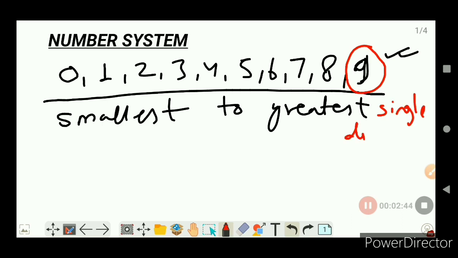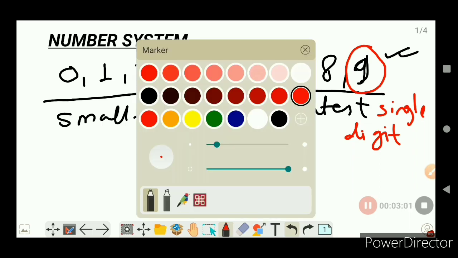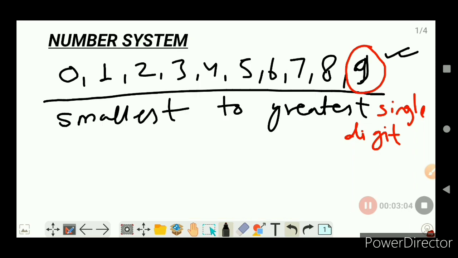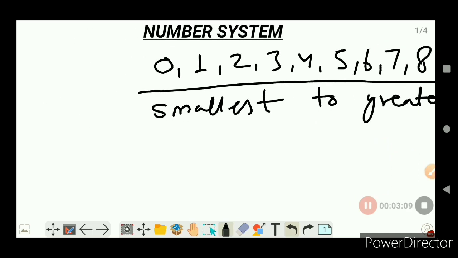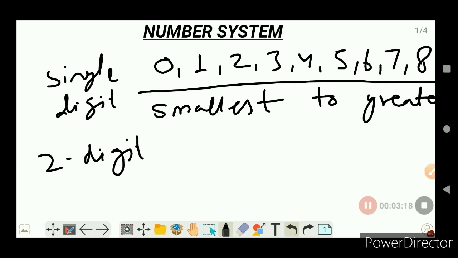Right? So after that, what do we have to do? Since 9 has been defined as the last single digit, what should we really do? The single digit system ends, and therefore the 2-digit system has to be started so that our counting, our numbers, go on. The 2-digit number system starts from smallest to greatest.